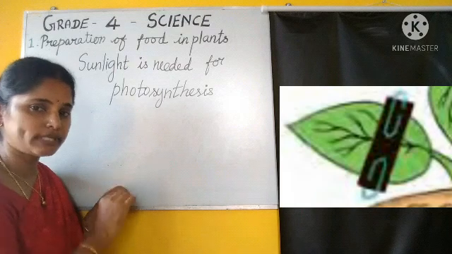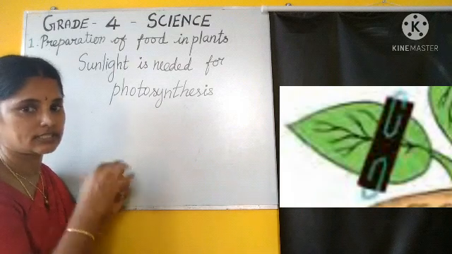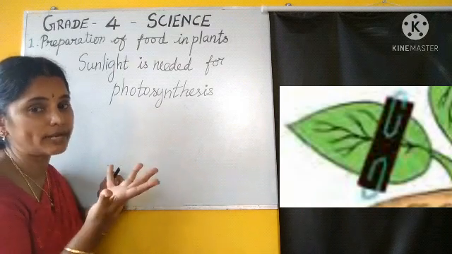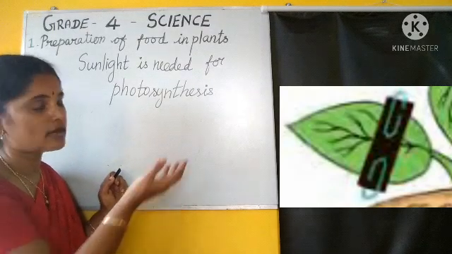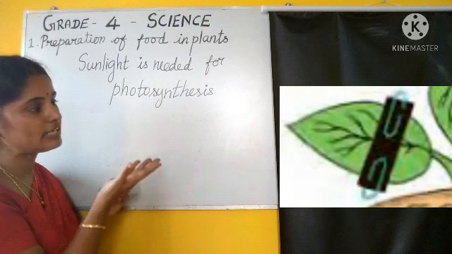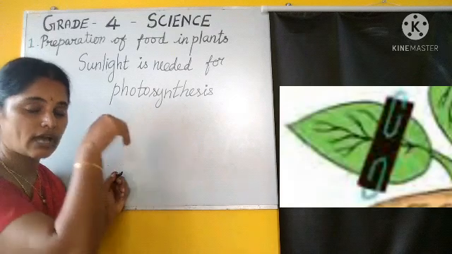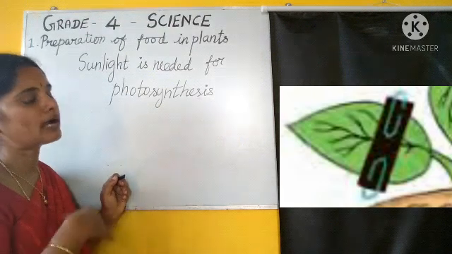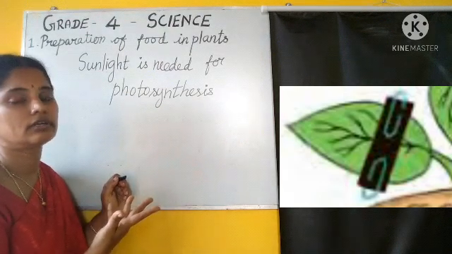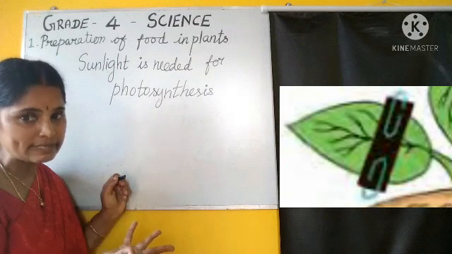For the starch test, the potato is white in color; when we added iodine, we clearly saw the blue-black color. But look at this leaf, the leaf is green in color. Even if we add iodine, whether the blue-black color comes or not won't be clear.